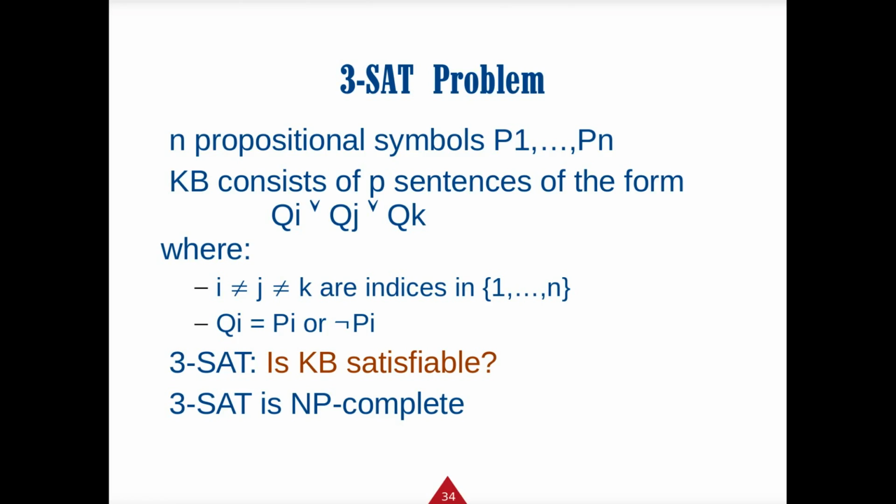And the 3-satisfiability problem, so the 3-SAT problem. You have n propositional symbols, P1 to Pn. Your knowledge base consists of sentences in the form of Qi or Qj or Qk, where i, j, k are distinct indices, and Qi is equal to Pi or not Pi.